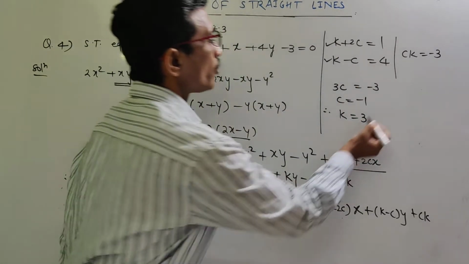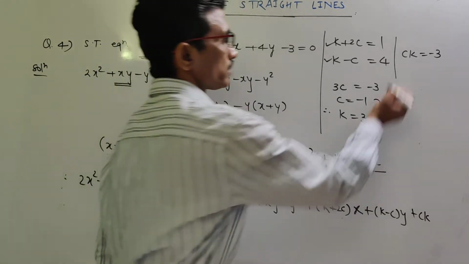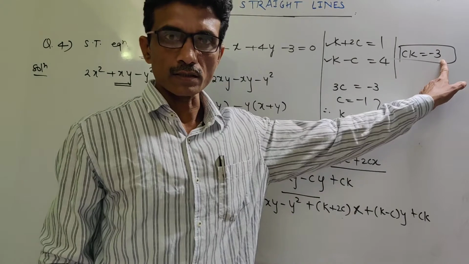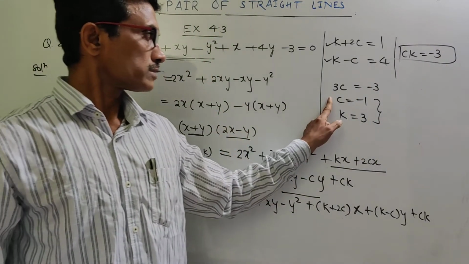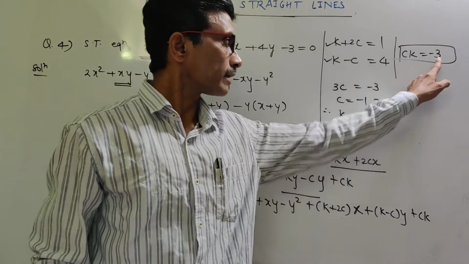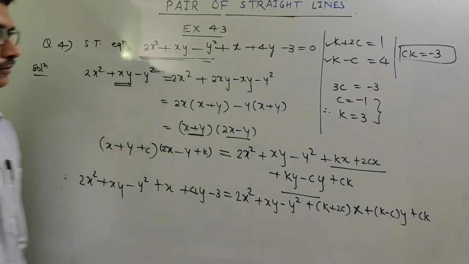Now these values of c and k satisfy the third equation: c into k is equal to minus 3. Since c is minus 1 and k is 3, c into k will give us minus 3. It is satisfied by the third equation.